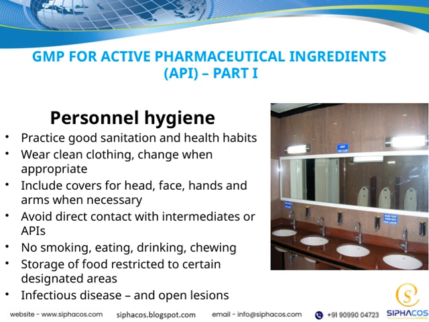Additionally, if you have any infectious diseases or open lesions, it's best to refrain from working in the production environment until properly healed to protect both the product and your colleagues. All these practices are part of the GMP, good manufacturing practices, for active pharmaceutical ingredients, which we're emphasizing here. This slide underscores the importance of personnel hygiene as a fundamental aspect of maintaining high-quality standards in our manufacturing process.